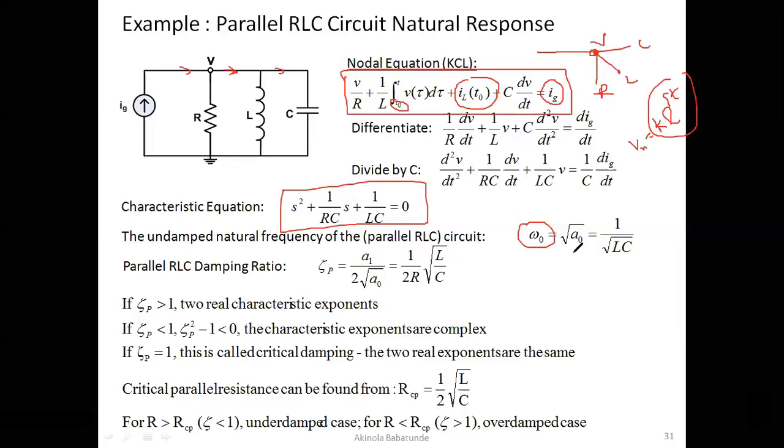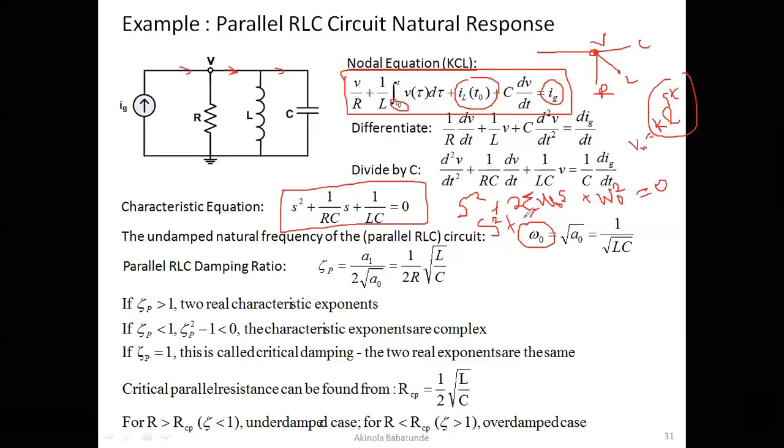If you compare these with s squared plus 2 zeta w naught s plus w naught squared equal to 0, you remember that our w naught will be equal to square root of a naught.